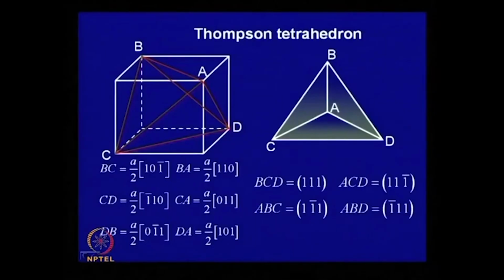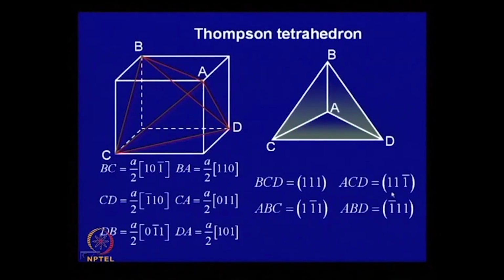You can try it yourself, but in this slide it is shown over here vectorially, like BC is a over 2 of 1 0 1 bar, and these planes have different indices.